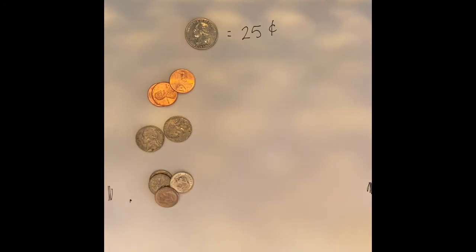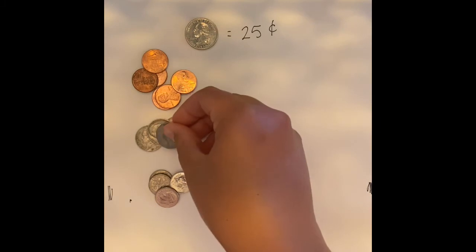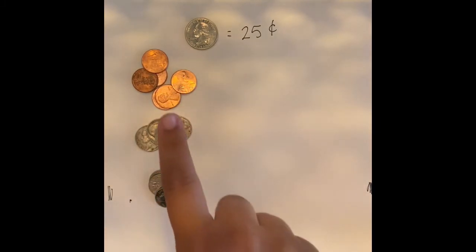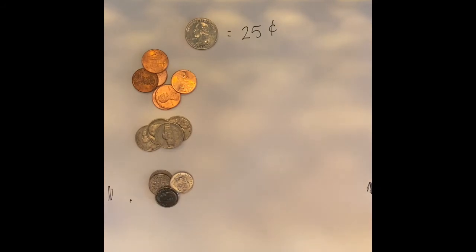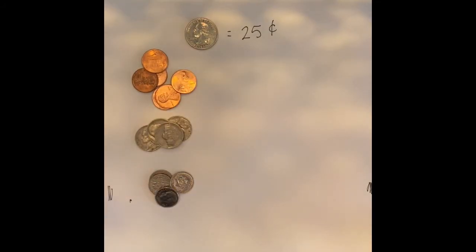So I've got a couple different piles of money or change. And so what we're going to do is practice breaking apart our quarter into smaller amounts of exchange, okay? We're gonna exchange it. So I'm going to do 2 of them for you, and then you guys are going to come up with 4 other ways to change out a quarter for other coins, okay?